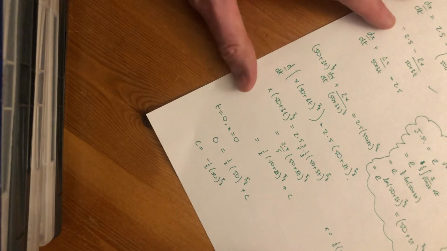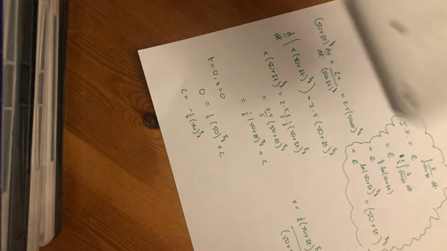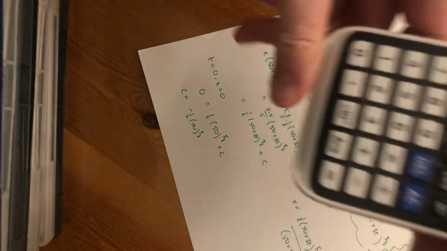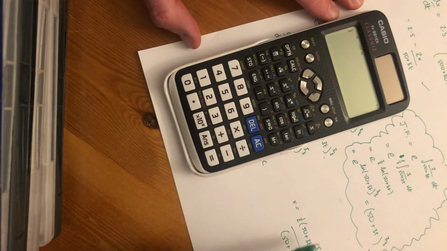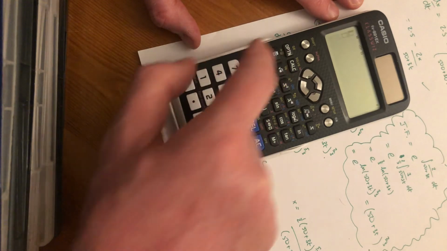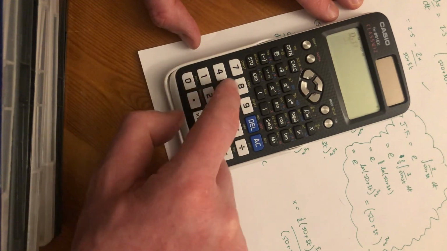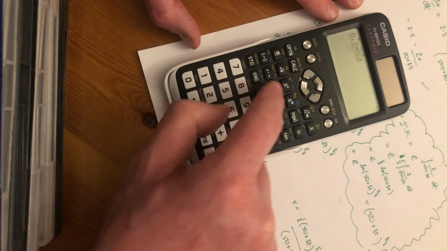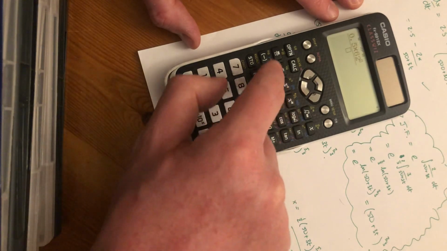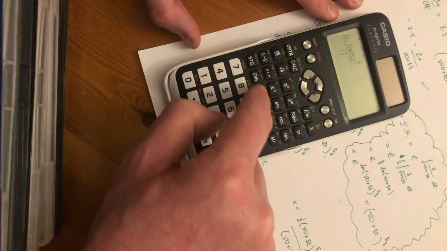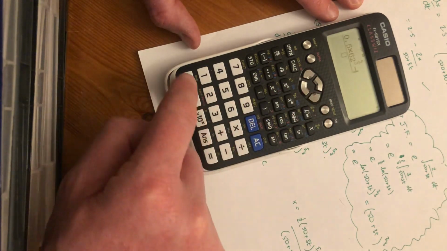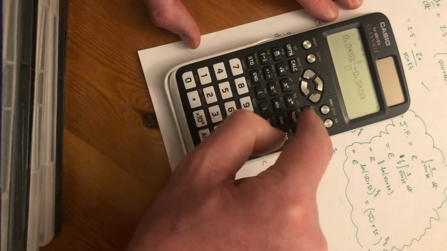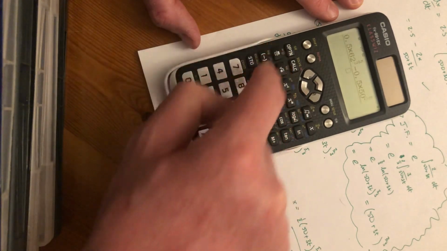Then I want to substitute in t is 4. That makes this 62 and this 62. So it is 0.5 times 62 to the 5 over 3, take away 0.5 times 50 to the 5 over 3, over 62 to the 2 over 3.